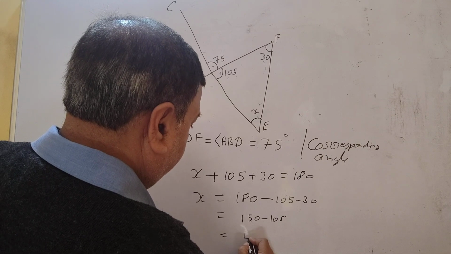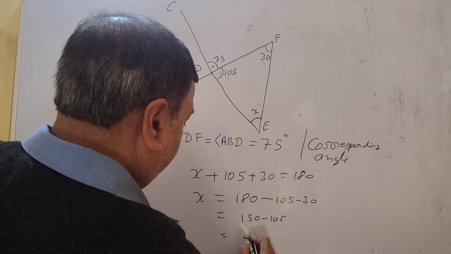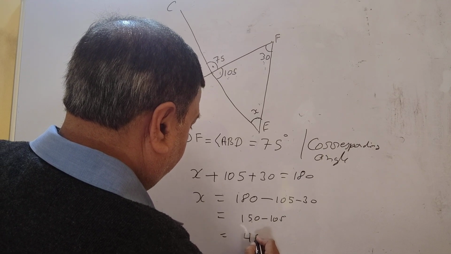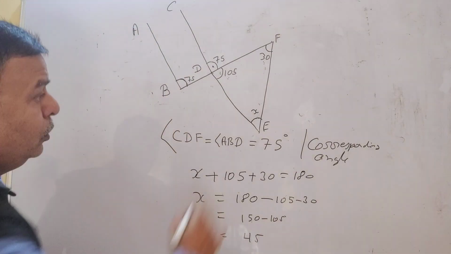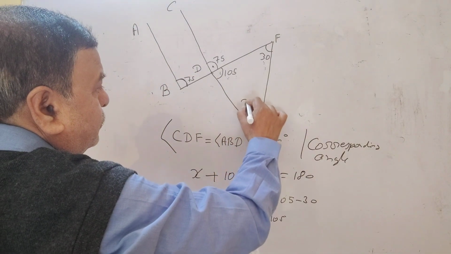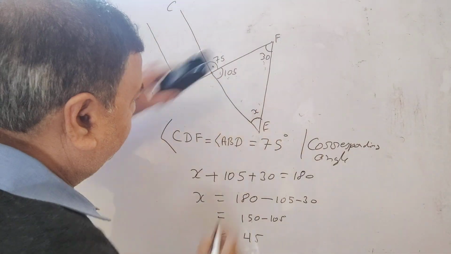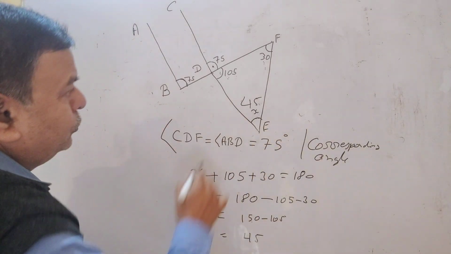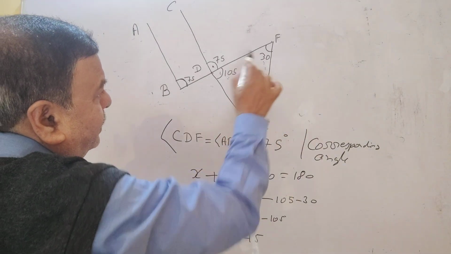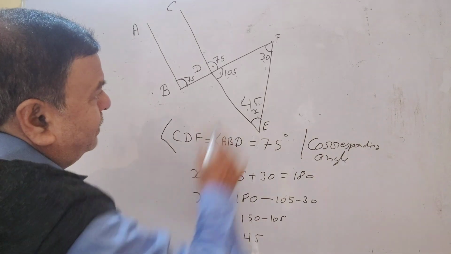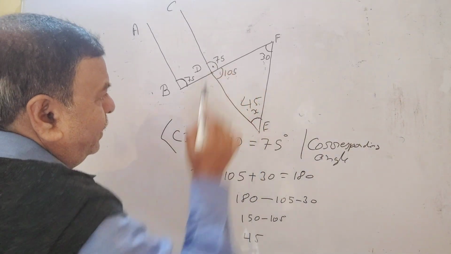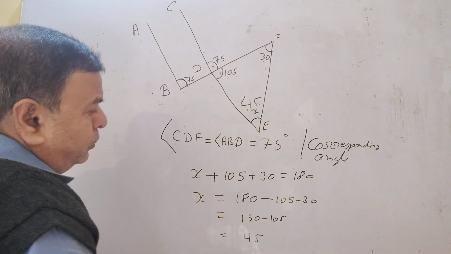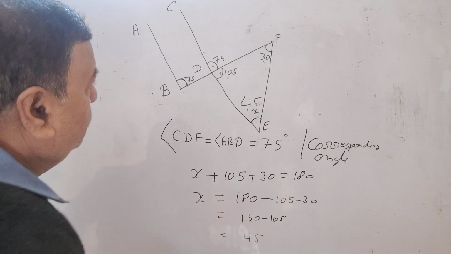So the value of x is 45. You can check: 45 plus 30 is 75, 75 plus 105 is 180. So it was very easy to find out.